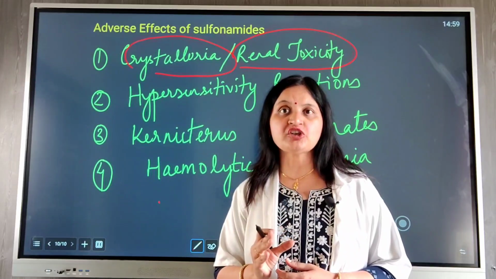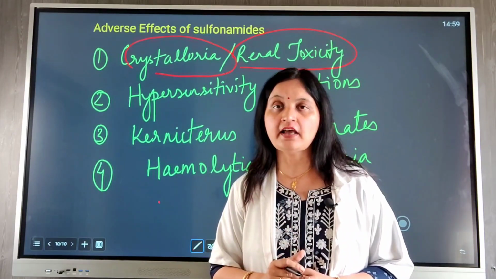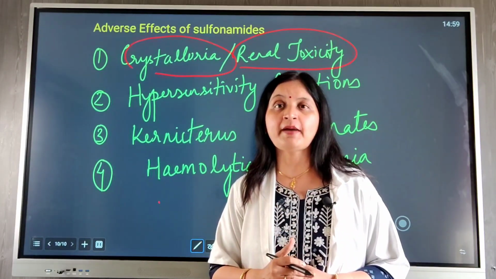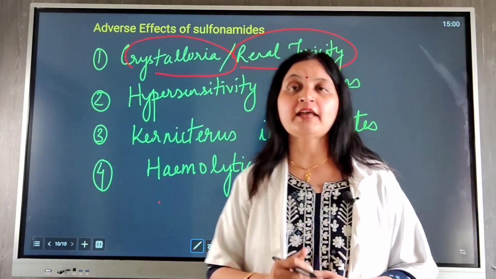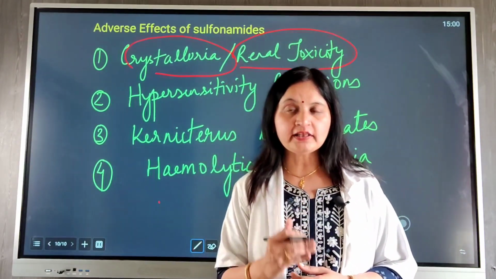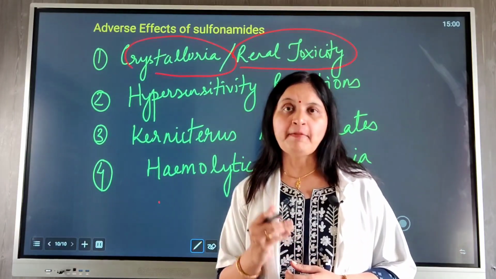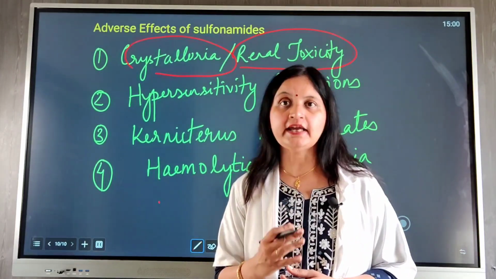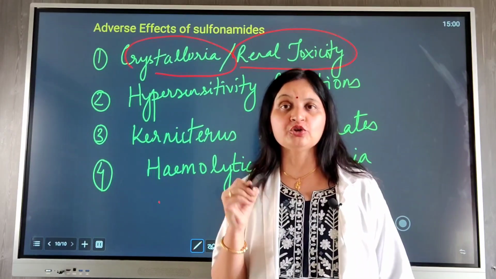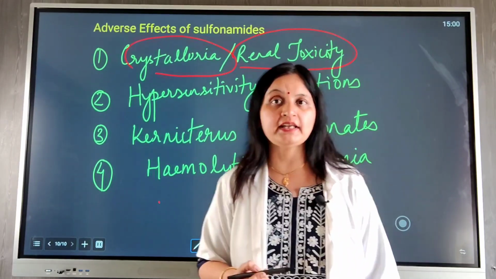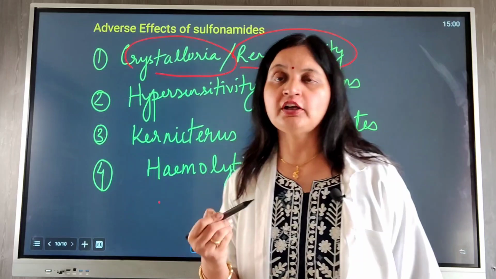So kidney obstruction and interstitial nephritis can occur with the use of sulfonamides in the presence of acidic urine. This risk can be minimized by adequate water intake and also by making the urine more alkaline.